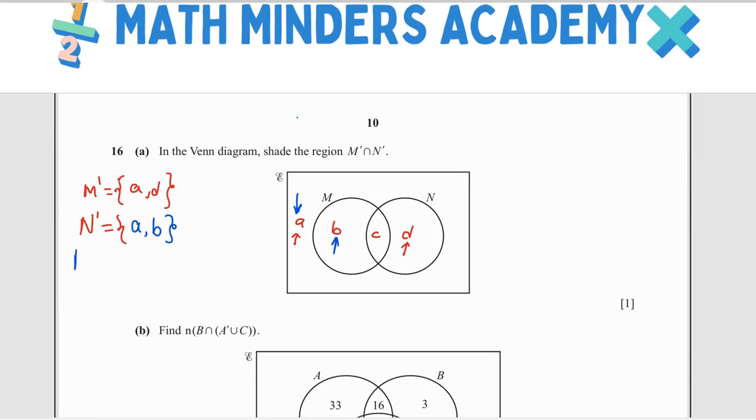So when we take M complement intersection N complement, it gives us this element. These are the two sets that collide, that is, the intersection. So we have this region.